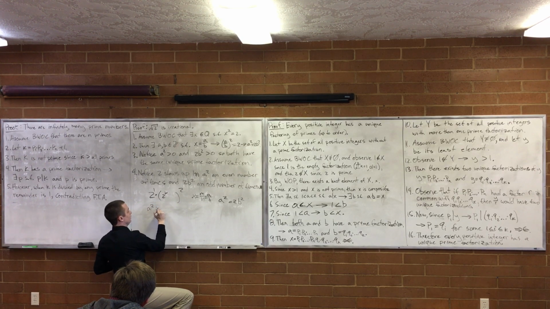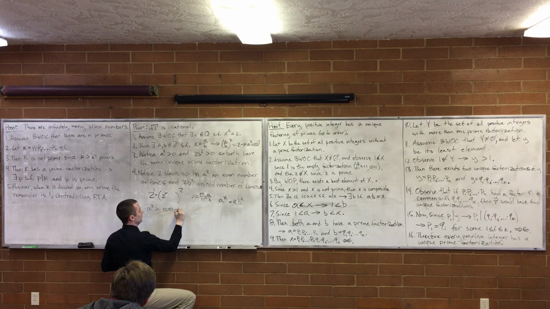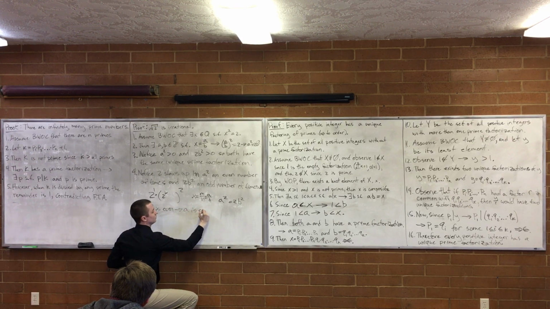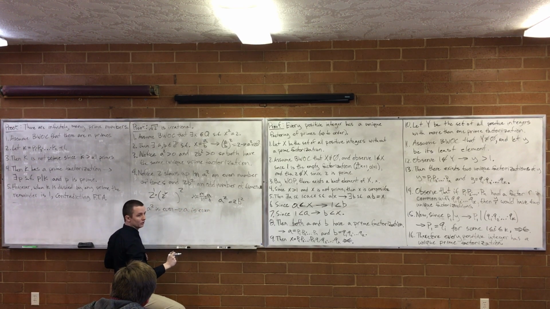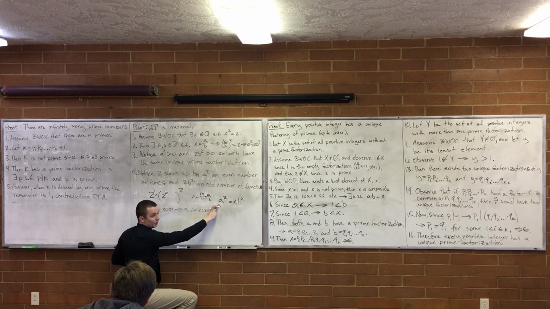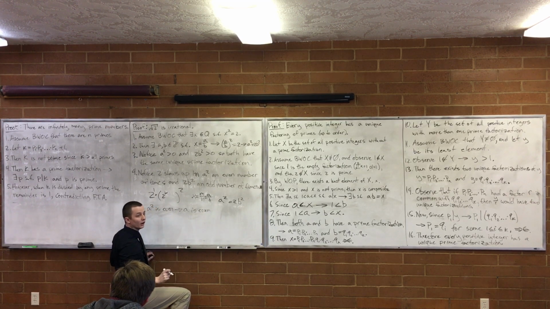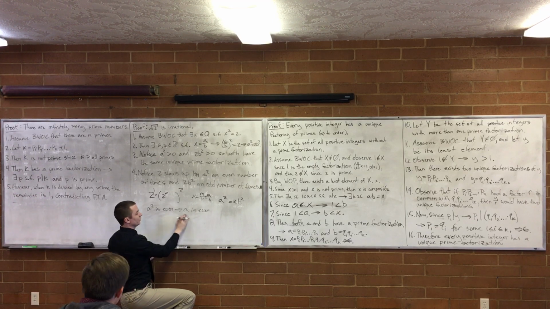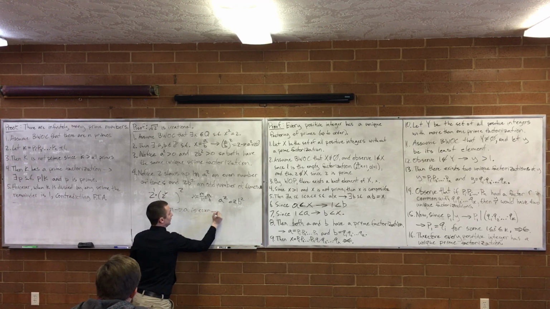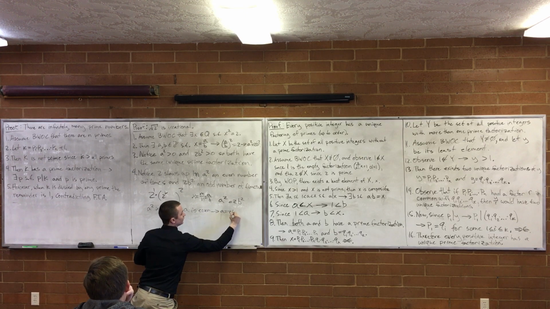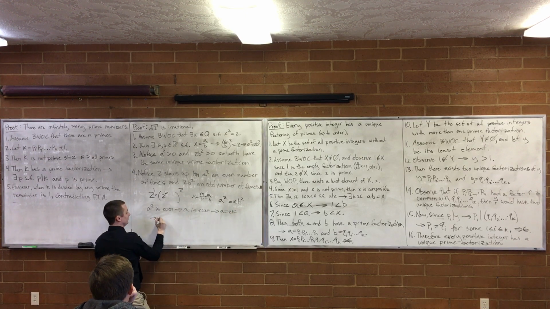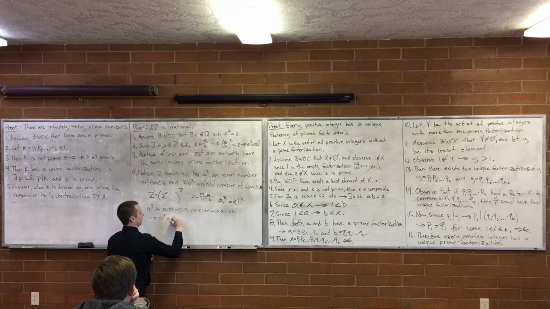So a squared is even implies a is even, right? Not necessarily. If a was odd, then a squared would be odd, so a is even. So a squared is even implies a is even, implies a can be written as 2k, implies a squared can be written as 4k squared, right? You follow the thinking there?